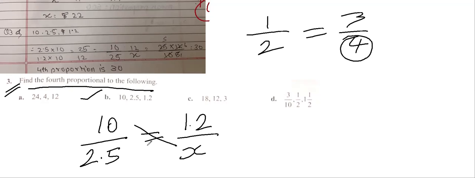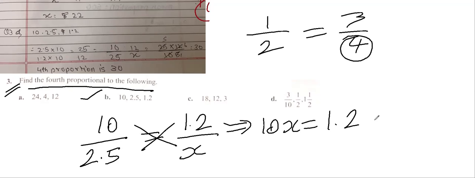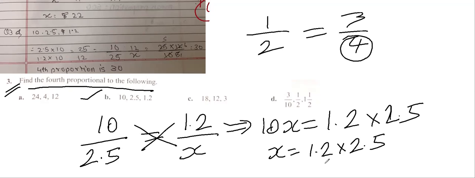So when you cross multiply, what will you get? You will get 10x is equal to 1.2 into 2.5. Now the value of x will be 1.2 into 2.5 divided by 10. Now, how to solve this? You have to remove this decimal point.